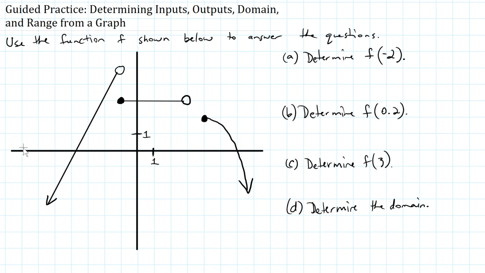If an x value has an output in any place, then that x value is part of your domain. Okay? So while it may not have outputs in some places, it may have outputs in other places. So scan your x-axis from left to right, find all the x values that have outputs, and write those down in interval notation. Pause the video and see if you can figure that out.